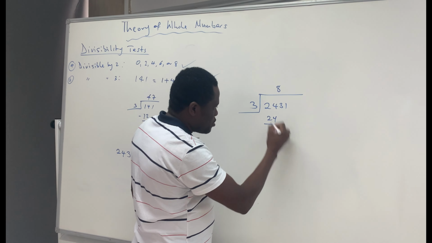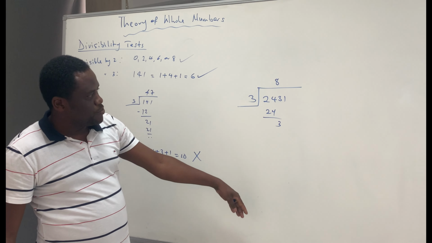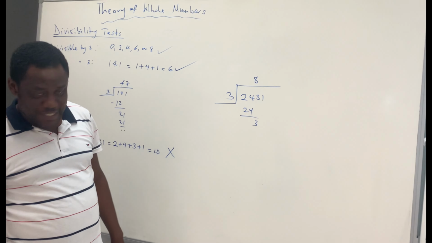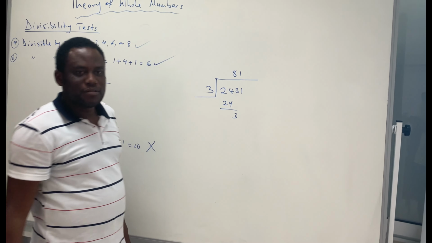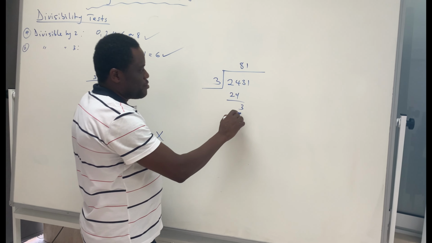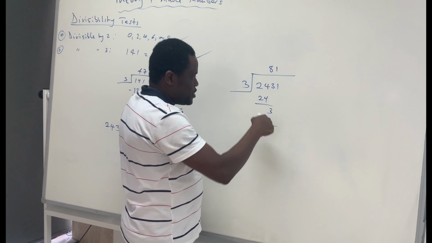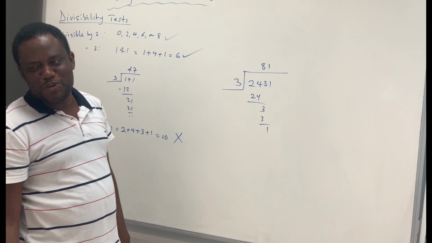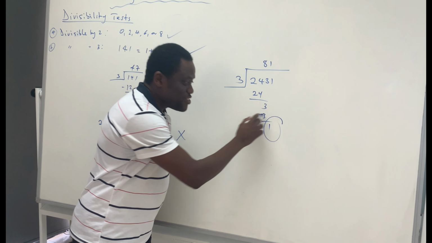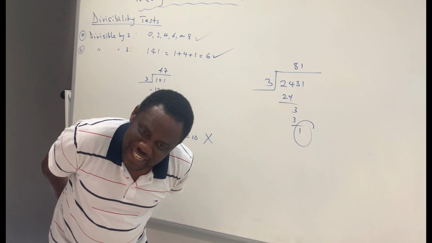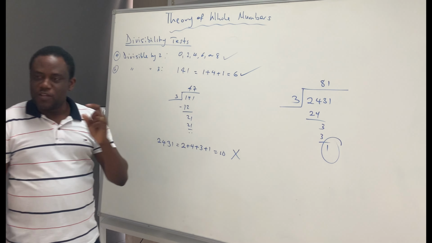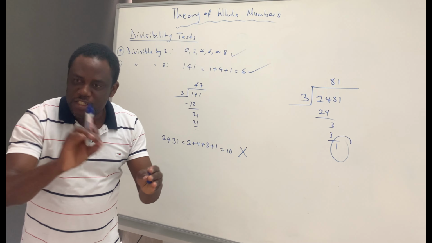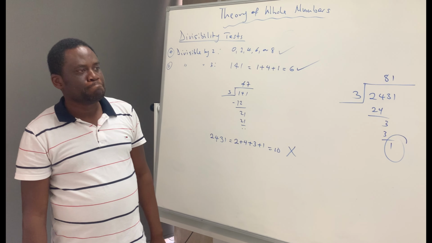So drop 3. Can 3 go in 3? Yes. 1. Multiply. We have 3. It's finished. Drop 1. Can 3 go in 1? Not possible. You can see? It's not divisible by 3. This is the method. So for divisible by 3, add each of the digits.